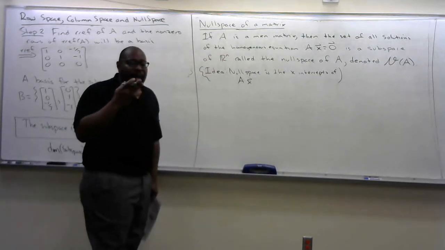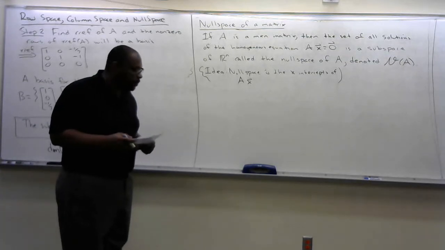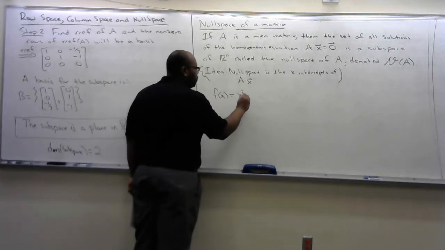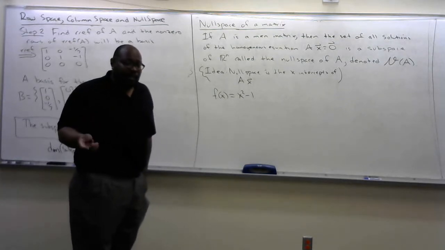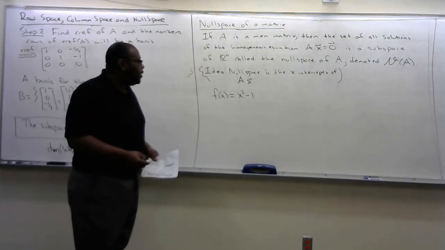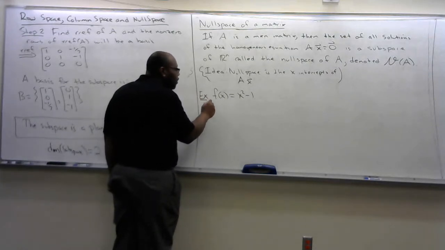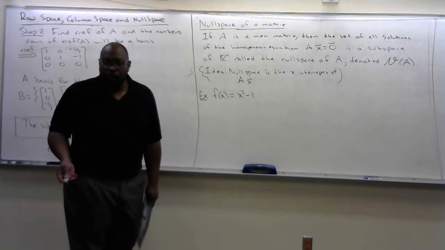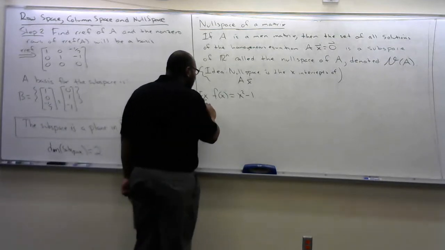Now, when we talk about x-intercepts in general, suppose I have a function f of x equal to x squared minus 1. What do we mean by the x-intercepts of a function? The x-intercepts are the values of x that make the function equal to 0.